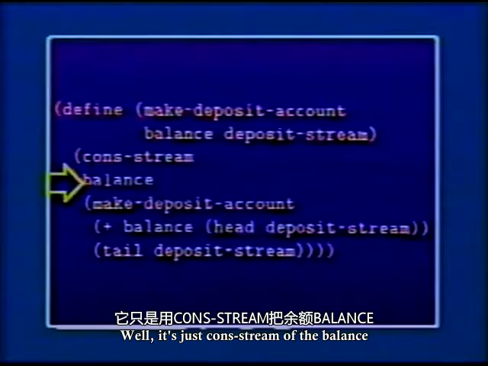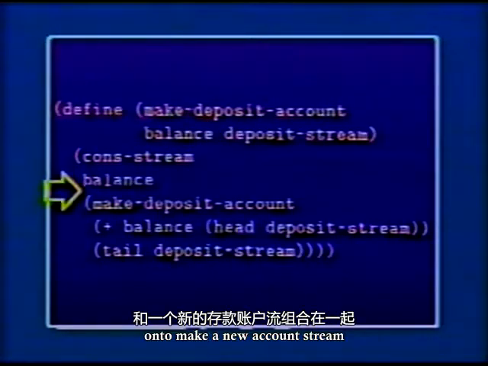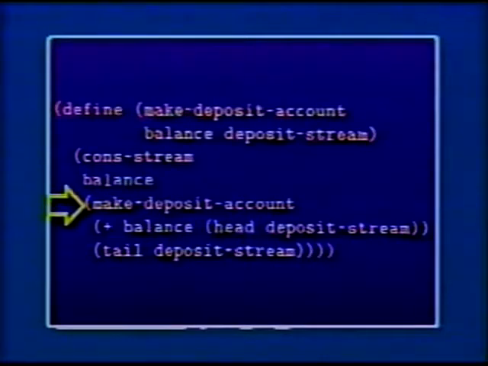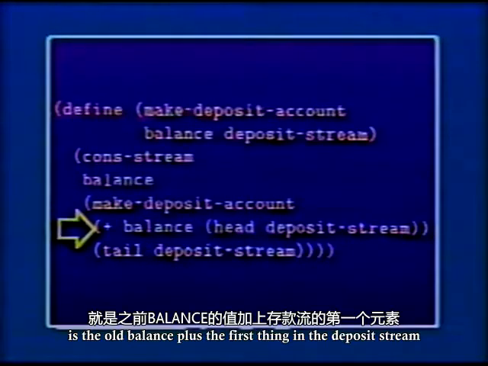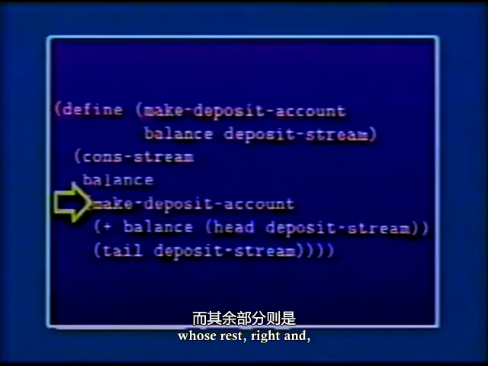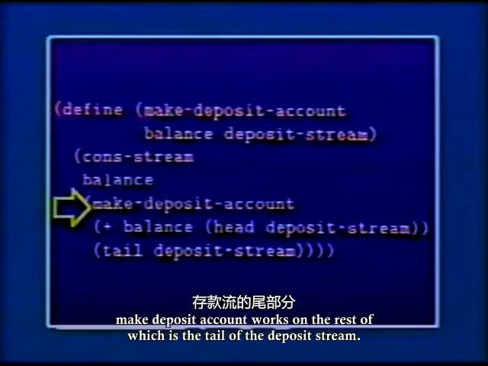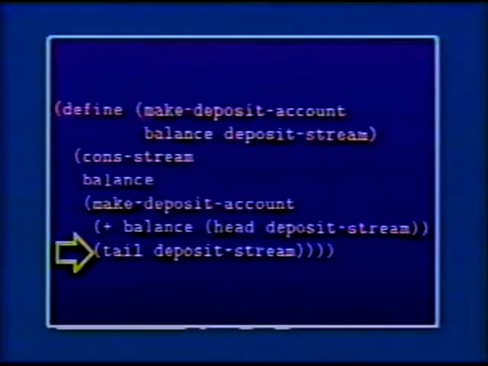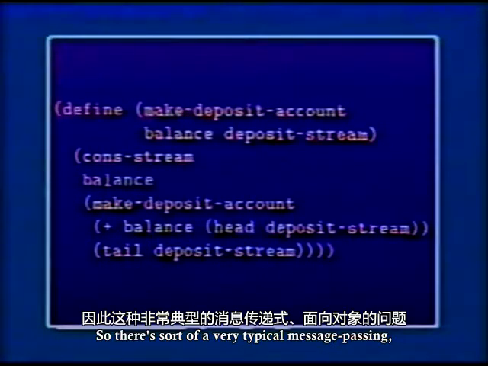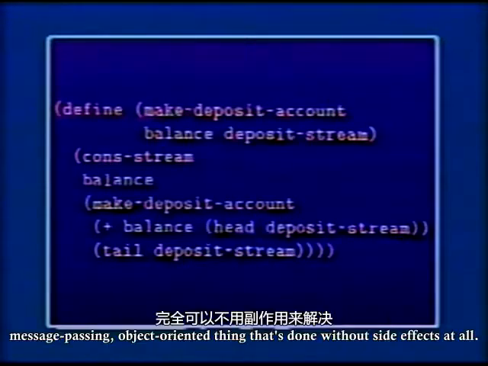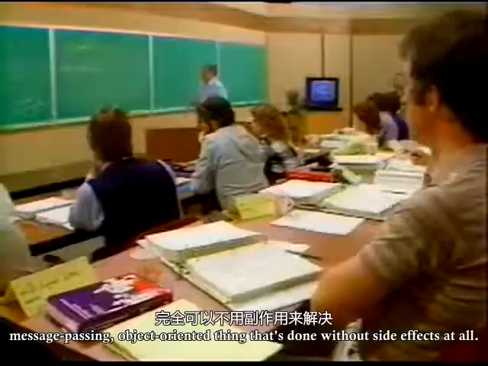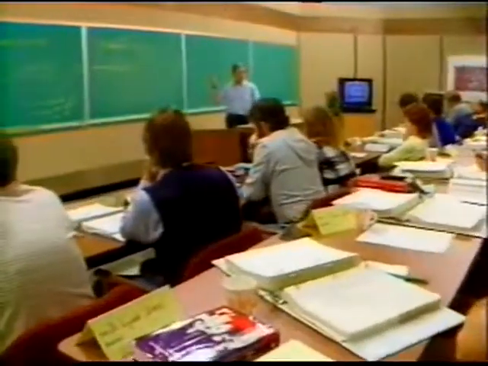Well, it's just cons stream of the balance onto a new account stream whose initial balance is the old balance plus the first thing in the deposit stream, and whose make deposit account works on the rest, which is the tail of the deposit stream. So there's a very typical message passing object-oriented thing that's done without side effects at all.